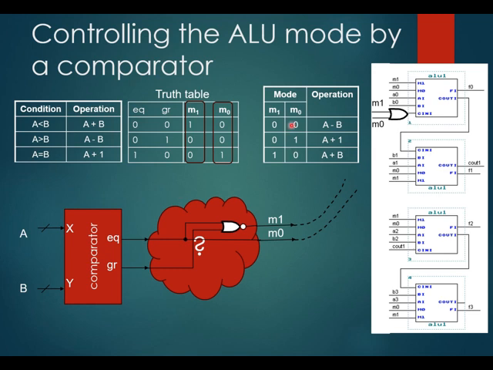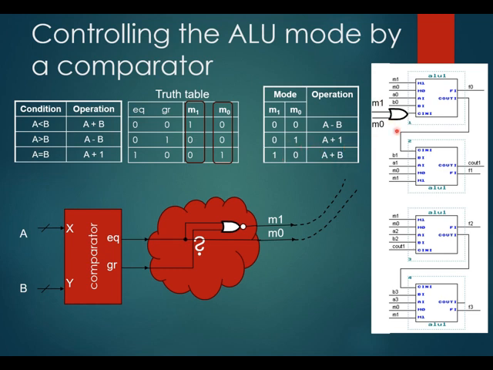Now let's consider that this is another ALU, not the same as any previous examples in these slides. Let's say this ALU has 3 functions only: A minus B when 0, 0, A plus 1 when 0, 1, and A plus B when 1, 0.